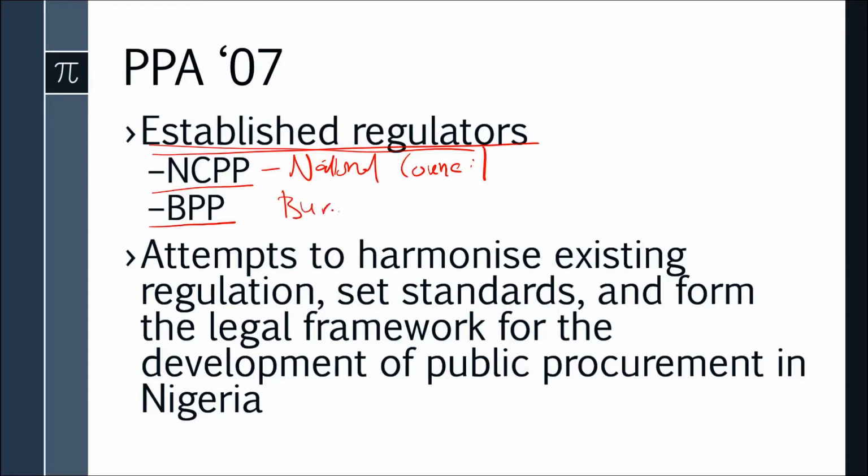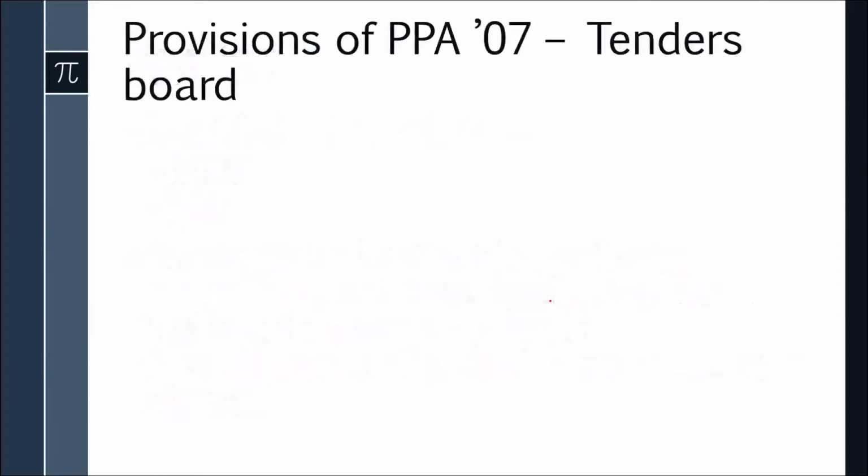These two act as regulators. Then the Act attempts to harmonize the existing regulations, set standards, and form the framework for the development of public procurement in Nigeria. So let us begin to look at the provisions of the Public Procurement Act.